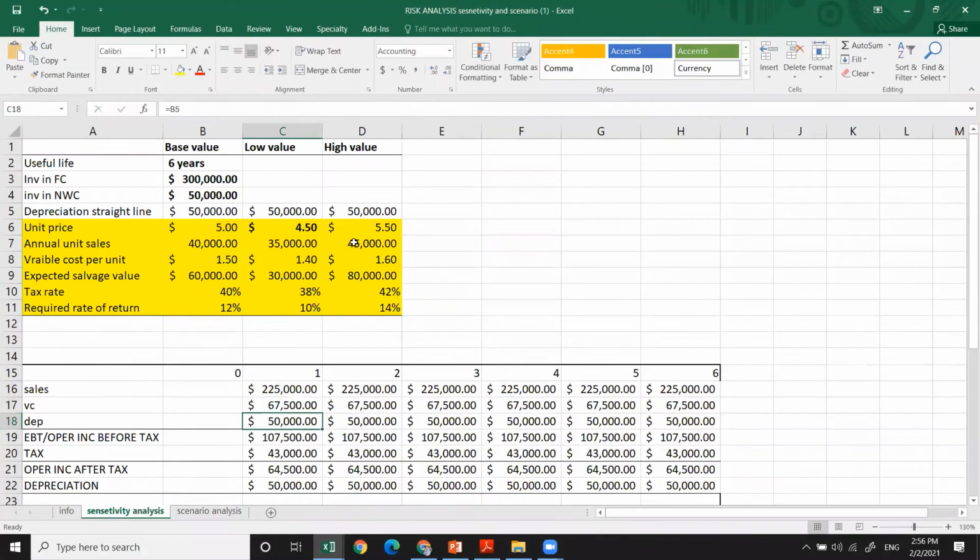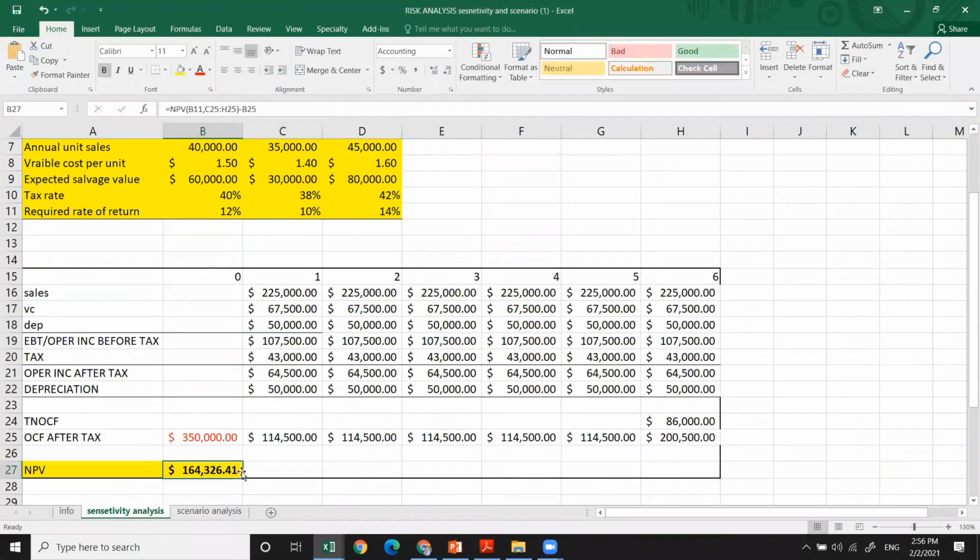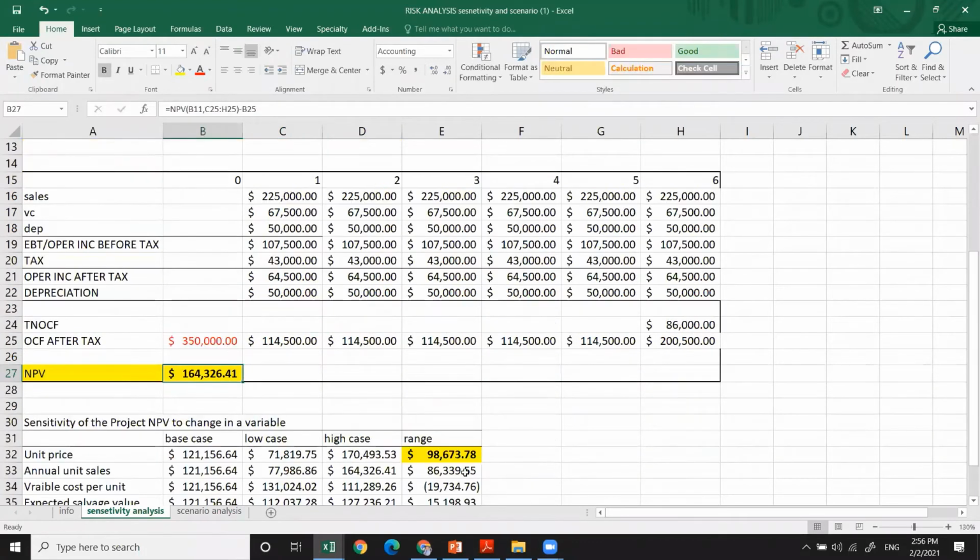Let's see what happens. Your NPV increased as well. NPV increased to 164. It was 77 when the sales reduced. Now it becomes higher when the number of unit sales increased. And the range is 86. It's lowered by 10,000, but it is still highly sensitive. So the NPV is highly sensitive to changes in annual sales.